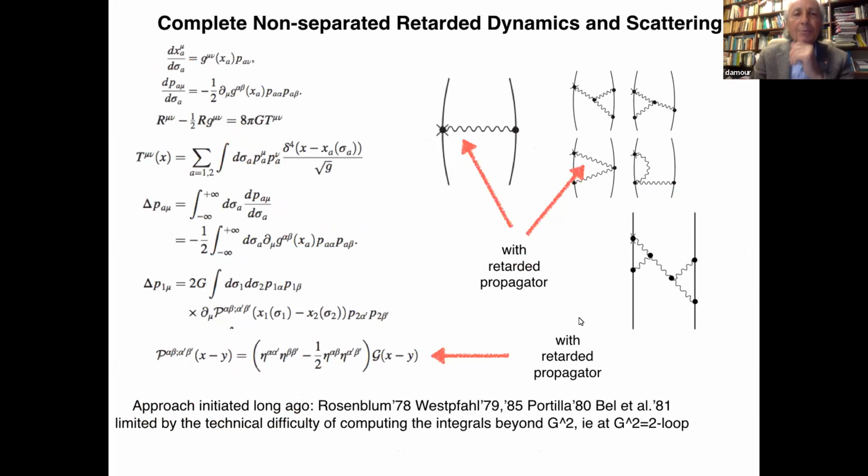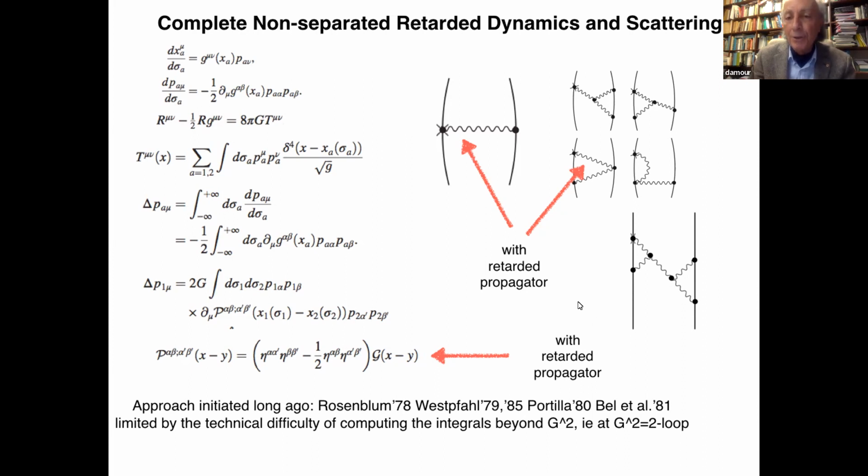Now, the first point is when you iterate the equations of motion of two world lines in the classical way of solving Einstein equations, either to compute bound systems or scattering. This was an approach introduced at the end of the 70s and the 80s to resolve the problem of whether the observed binary pulsar motion by Hulse and Taylor was in agreement with general relativity.